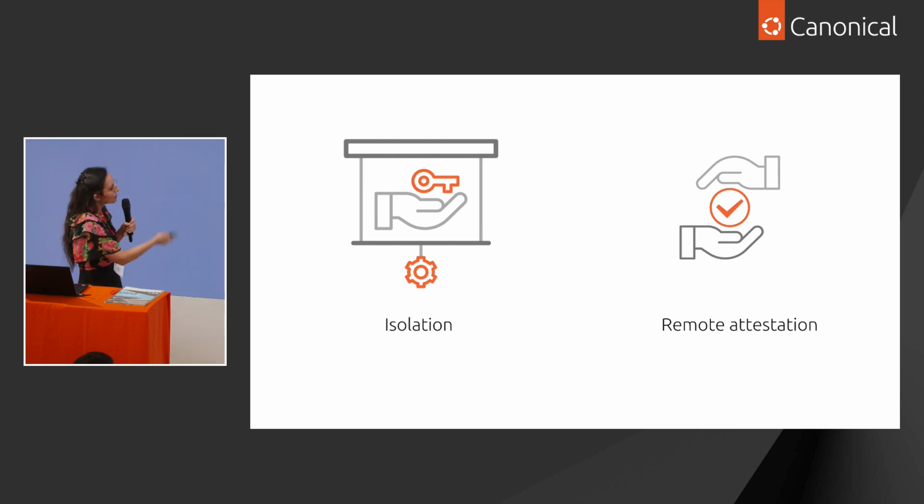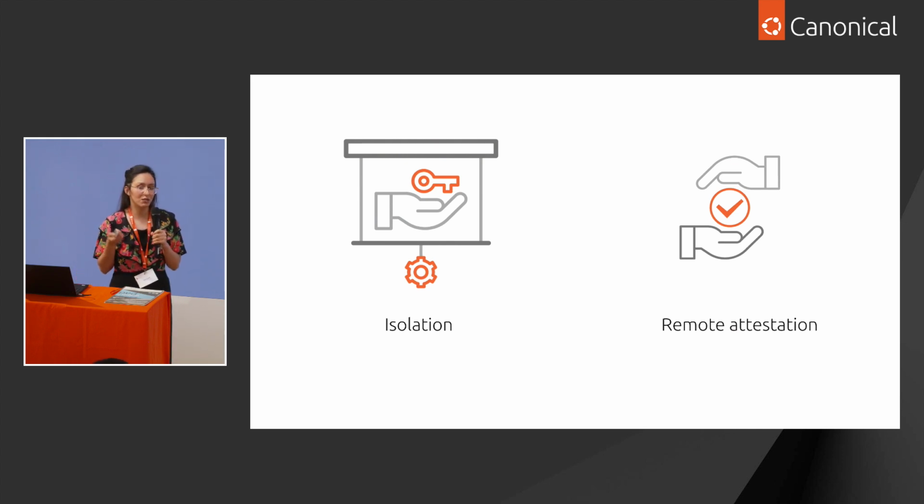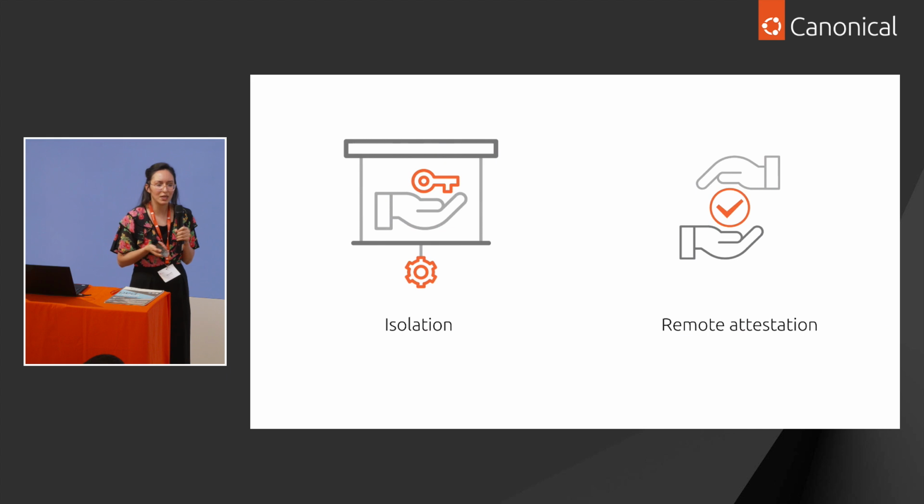They wanted to give us isolation and attestation. Isolation simply is, I want to take my security-sensitive stuff and run it outside of the normal execution environment. I want to run it isolated. But of course, I do not just trust a public cloud to tell me that they have turned on confidential computing.